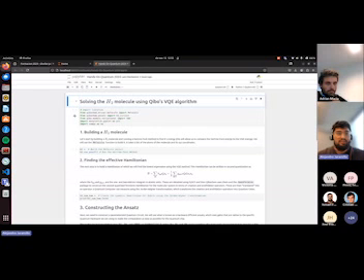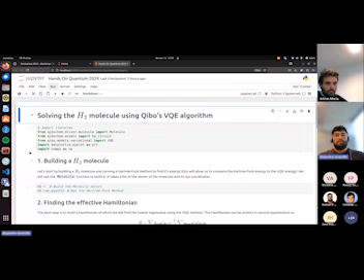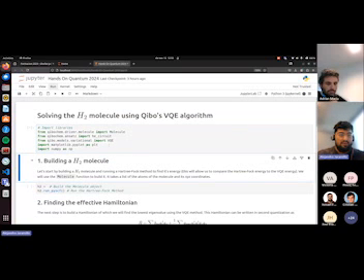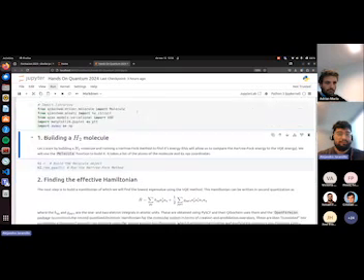So here we have the step-by-step process on how to solve this problem. First, we import all of the important libraries we need. Basically, we import the VQE algorithm from Kibo, and we import some parts of the KiboChem plugin, and then just Matplotlib and NumPy for visualization.